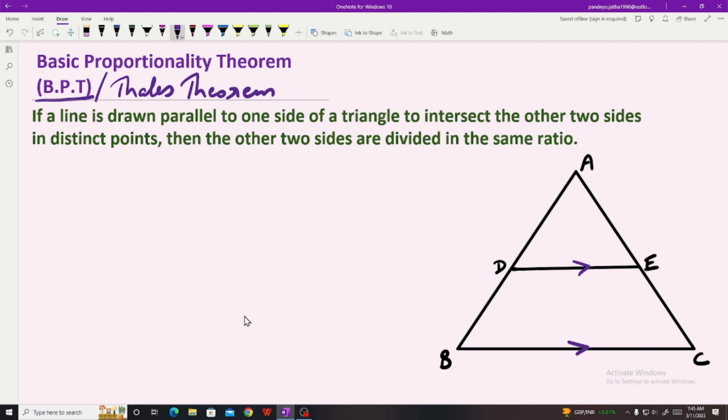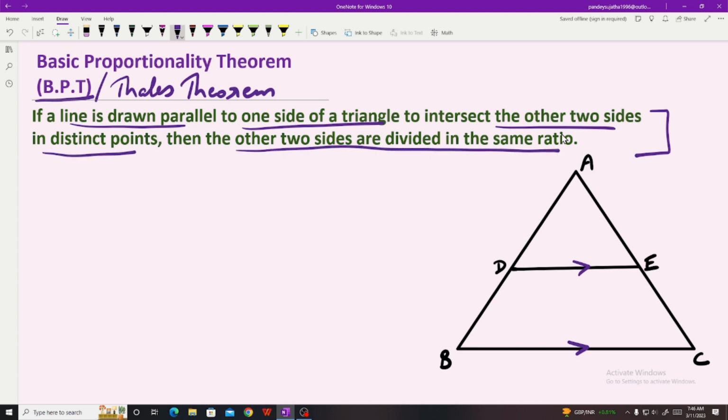So to prove this theorem, you should start with writing the statement. That is, if a line is drawn parallel to one side of a triangle to intersect the other two sides in distinct points, then the other two sides are divided in the same ratio. This statement to be written before proving the theorem. So now, what is given?